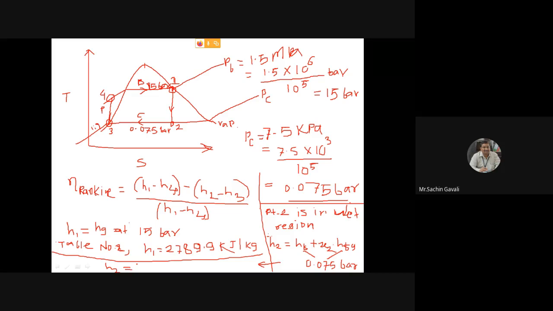Is it directly available or have you taken the average? Average, sir. 0.07 and 0.08 values are available and from that you have taken the average. H2 is equal to 168.65.